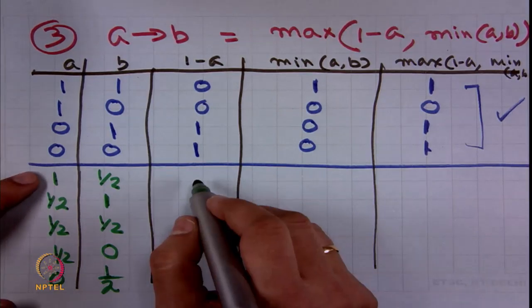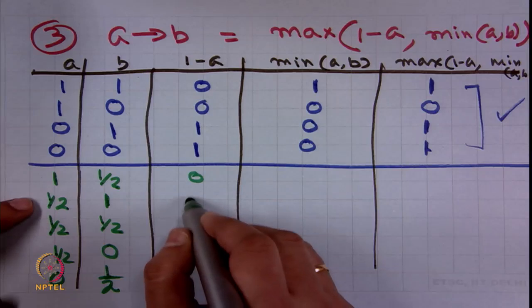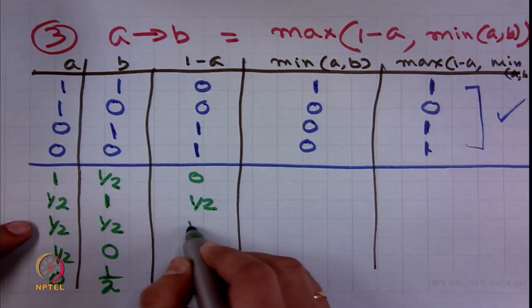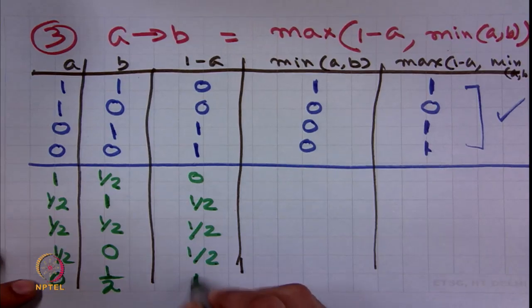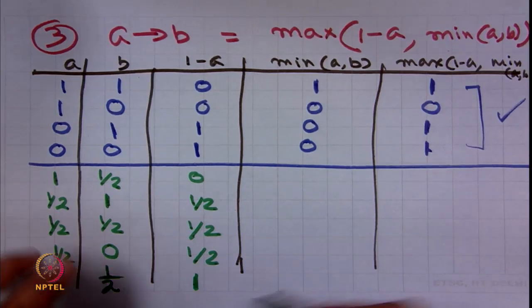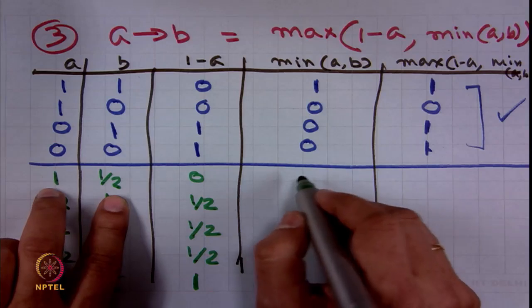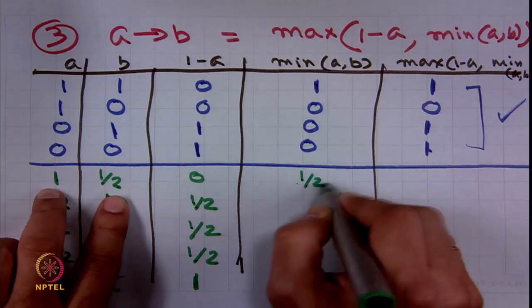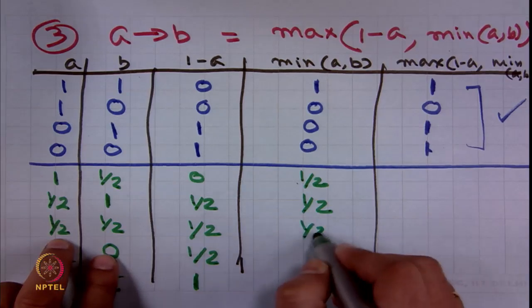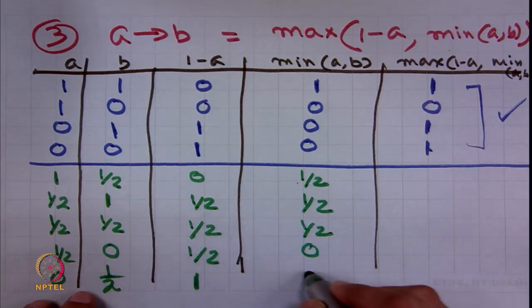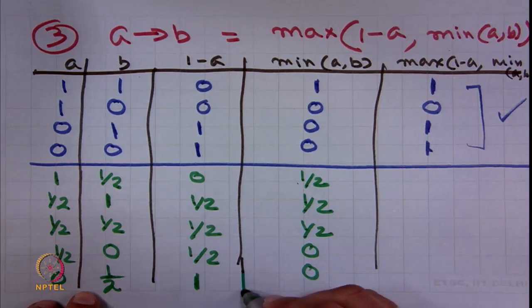Therefore, 1 minus a is equal to 0, half, half, half and 1, and minimum of a and b is equal to half, half, half, 0 and 0.